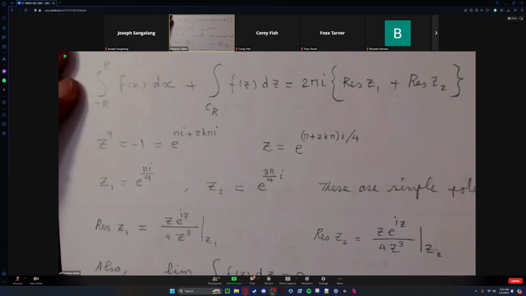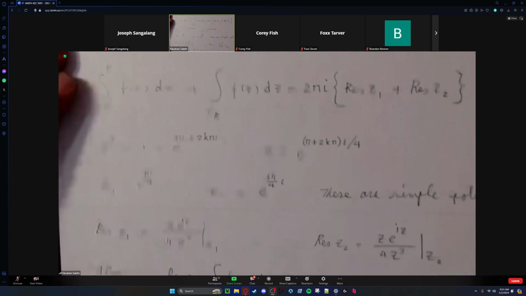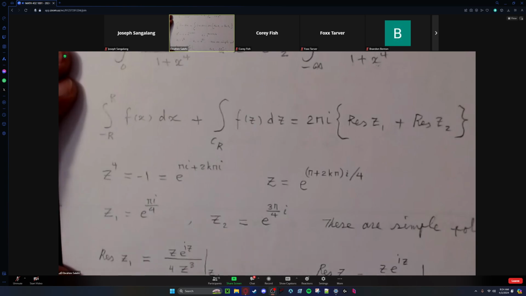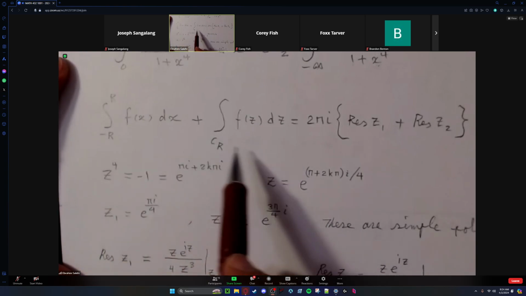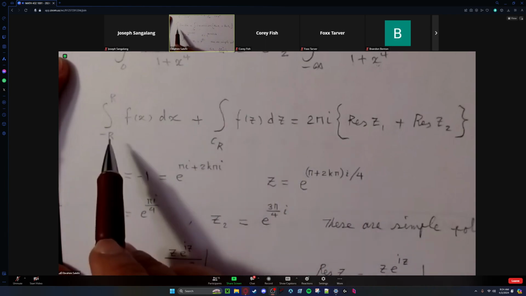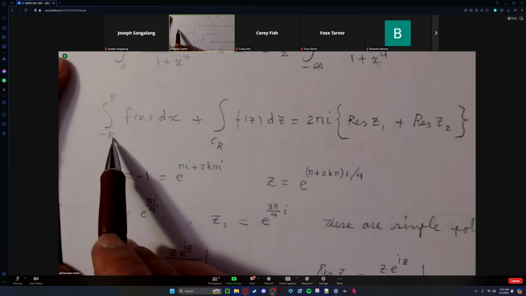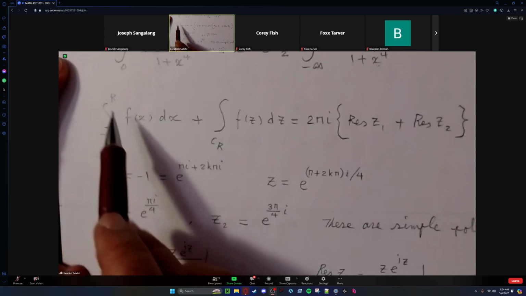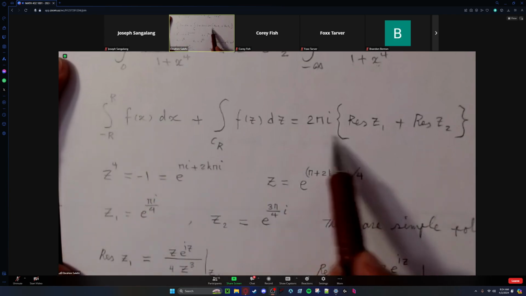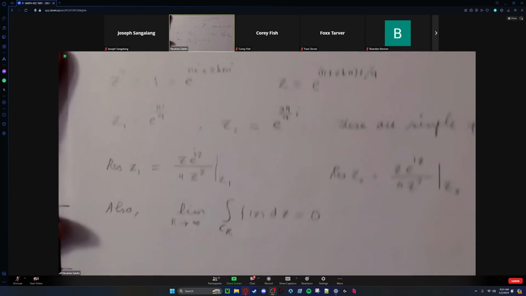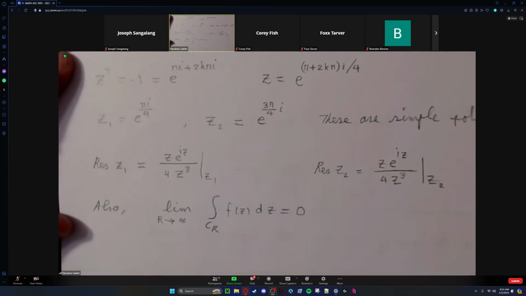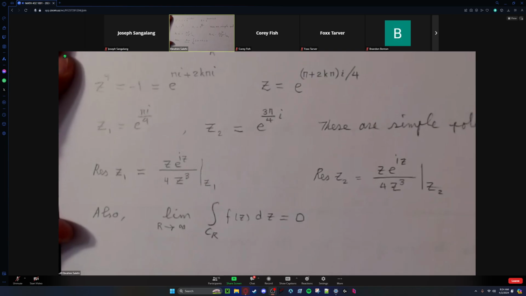So that will give us, through this guy as R approaches infinity, this will go to 0. Then we will have negative infinity to infinity, and on the right-hand side, we know how to compute this one. So I will let you finish and go through all details.